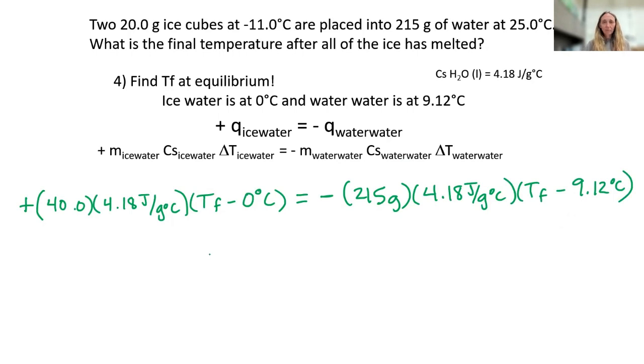Okay, so now we can multiply these numbers together and then distribute them.